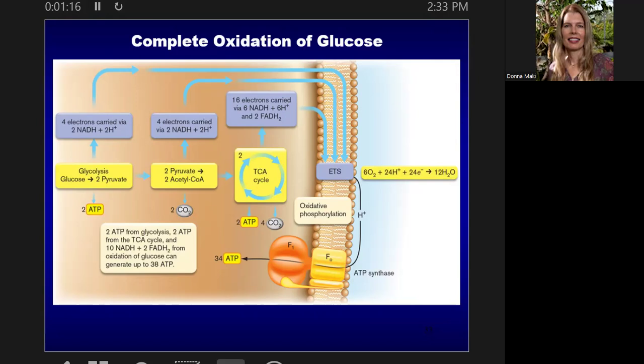And so, where's oxygen? Well, here, they're just putting it right here. And so oxygen is going to be the terminal electron acceptor for E. coli. And when that is run to completion, you end up with a lot of ATP. They're showing 34 ATP just through the electron transport chain process.